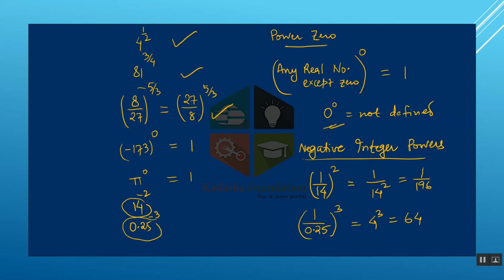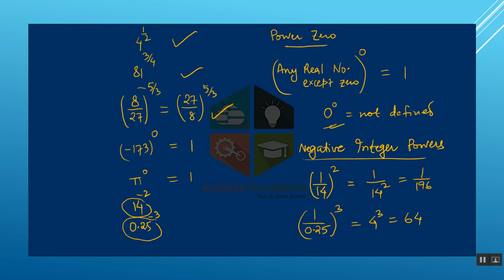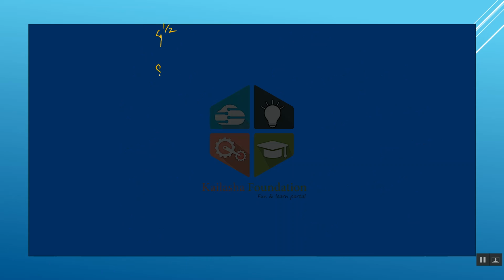Okay, so fractional powers: 4 power 1 by 2, 81 power 3 by 4, and 27 by 8 power 5 by 3. How do we solve 4 power 1 by 2?